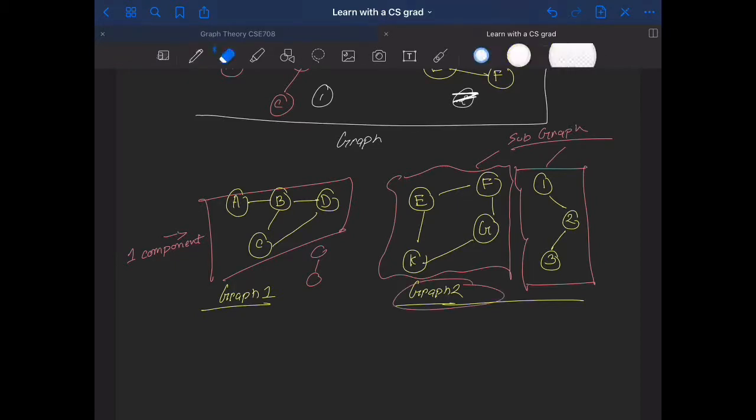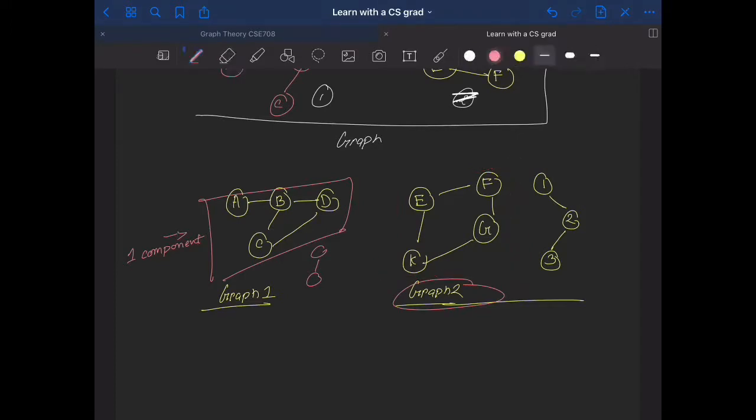However, let's say we do not want components here. So what we do is we connect them. So when we are connecting them, we can see that we do not have separate subgraphs of the main graph, rather we have only one whole completely connected graph where all the nodes are connected.